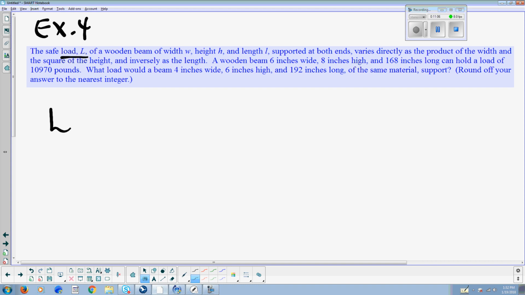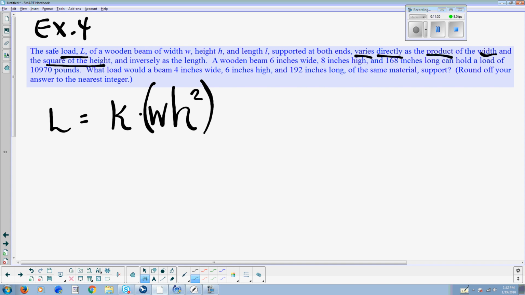It varies directly as, so that means equals k times, directly as the product, the word product means multiplication, of the width and square of the height. Do you see how this is the product of the width and the square of the height?